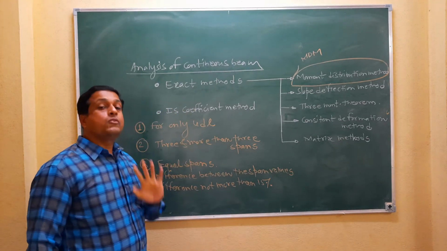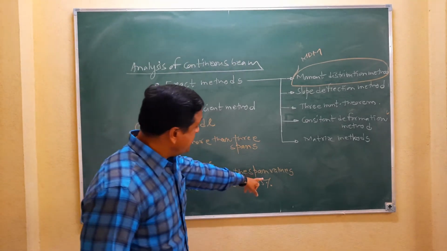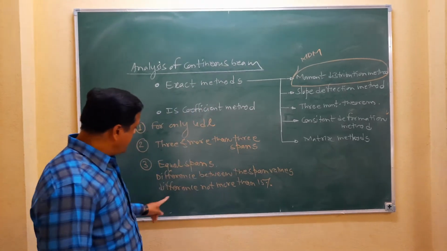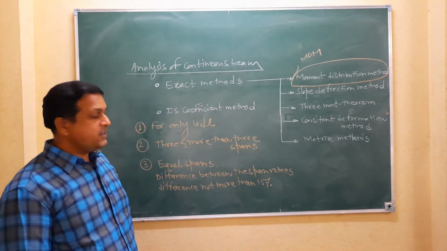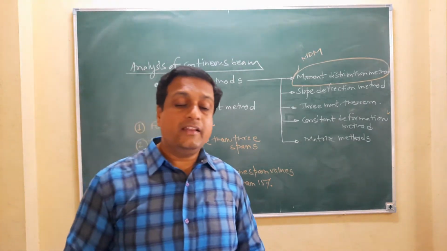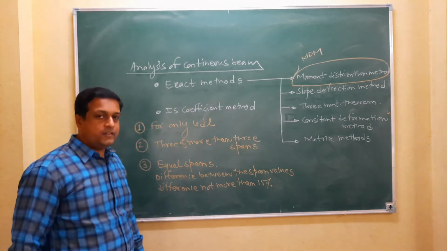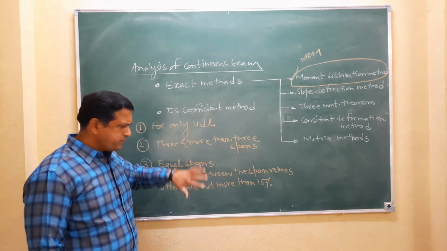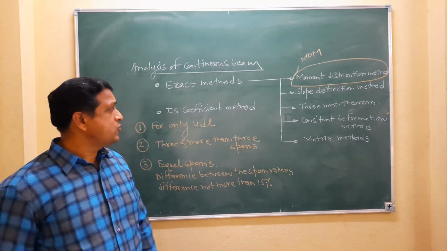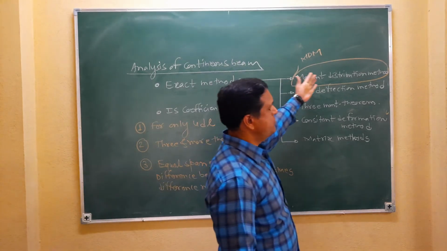And for equal spans, if there is a difference between the span values, that difference should not be more than 15%, then this method is applicable. Please remember this. If these 3 points are satisfied, then you go for the IS code method for the analysis of a continuous beam. Otherwise, you go to the moment distribution method.